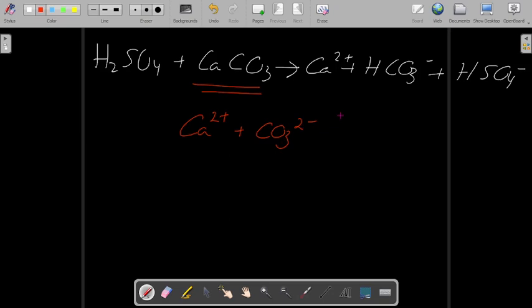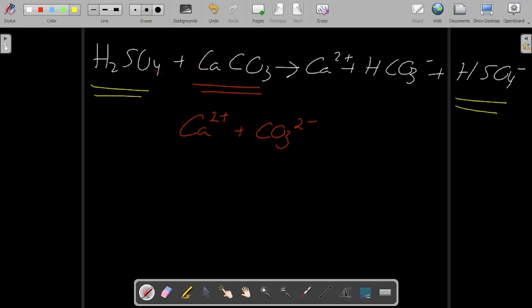What happened here? This is a covalent compound, and if you notice, it looks almost like this one right here, except that instead of having the 2 right here, now it has a 1, and it has now a charge because it lost something.